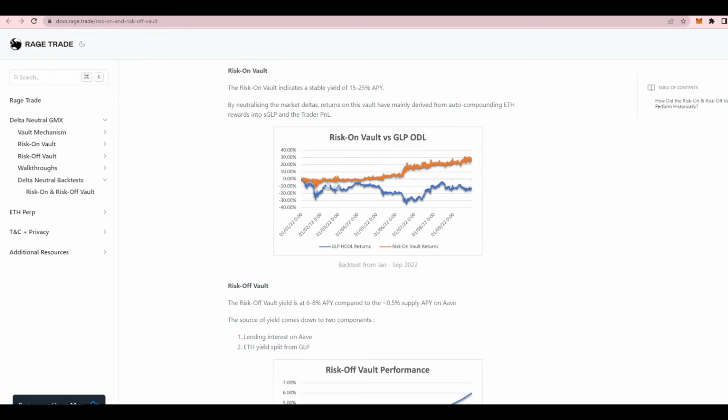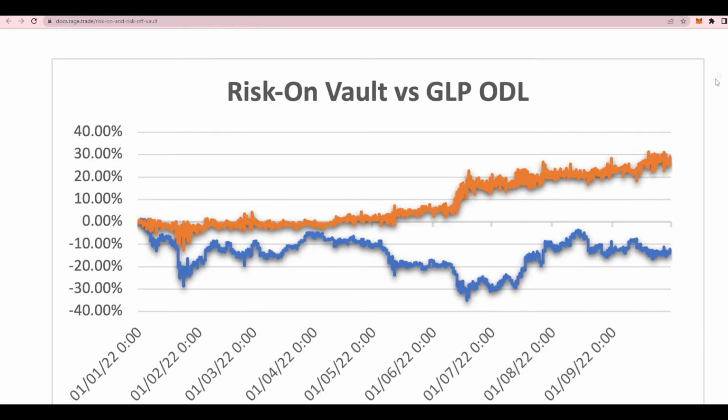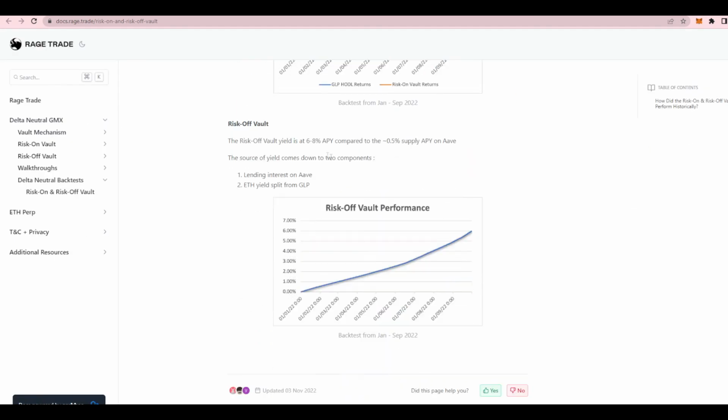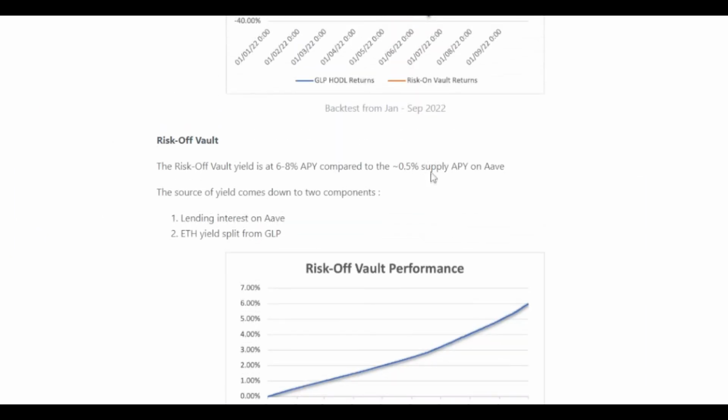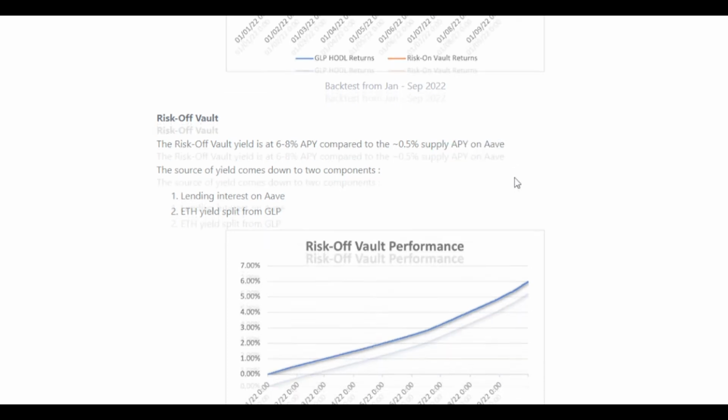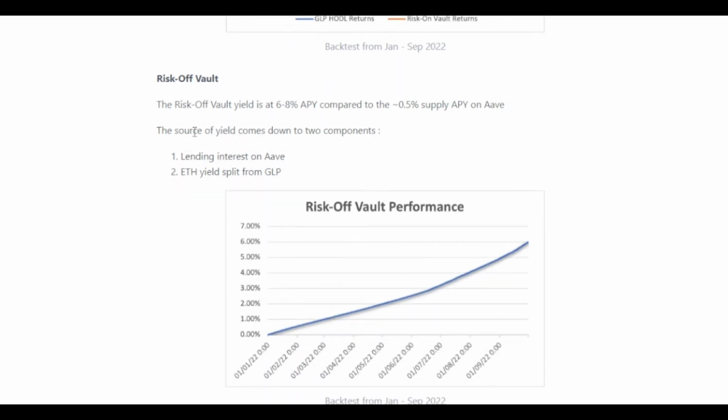But as you can see here, the risk on vaults, which have been aiming to do a sort of delta neutral yield strategy, have earned users almost 30%, so that's quite good. And then the risk off vault has yielded about 6 to 8% APY compared to the 0.5% supply APY on Aave. So they're doing quite well here. And the yield is coming from the lending interest on Aave, and then ETH yield split from GLP as well.